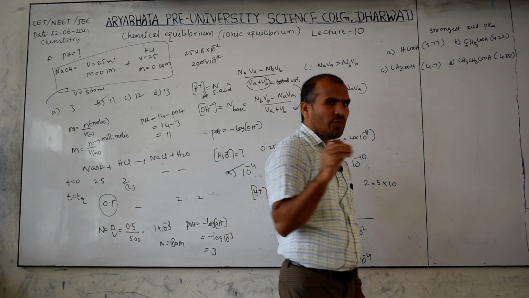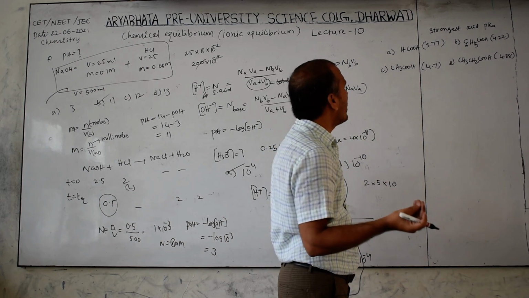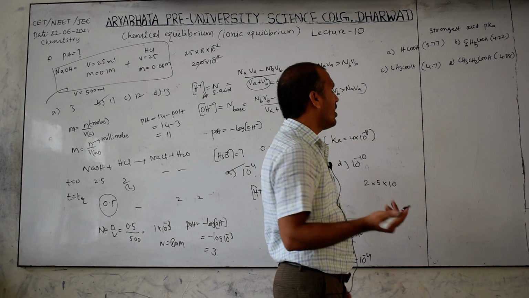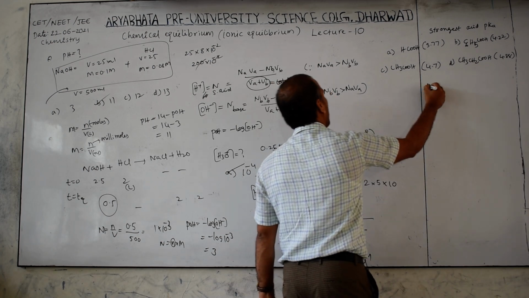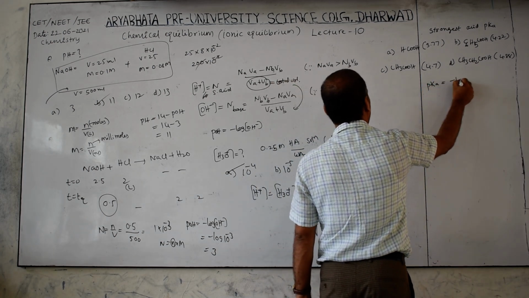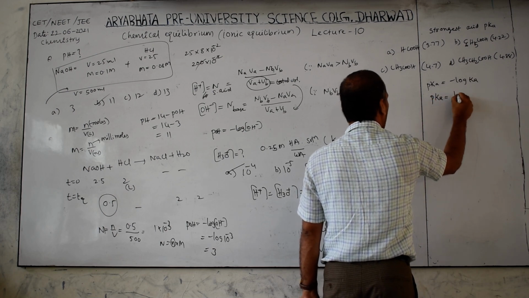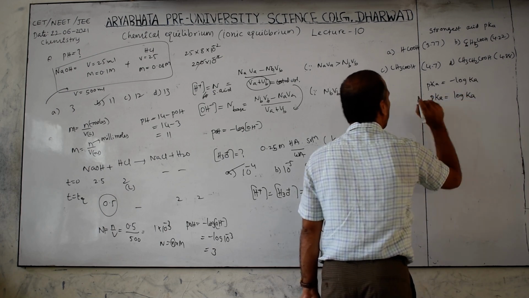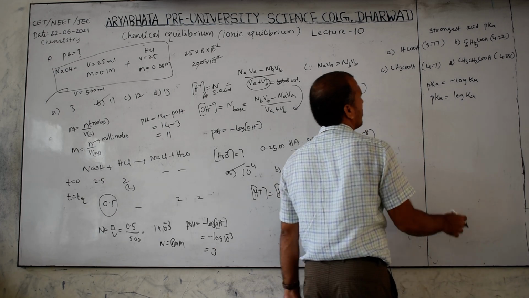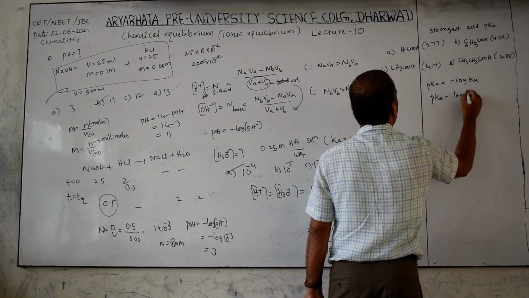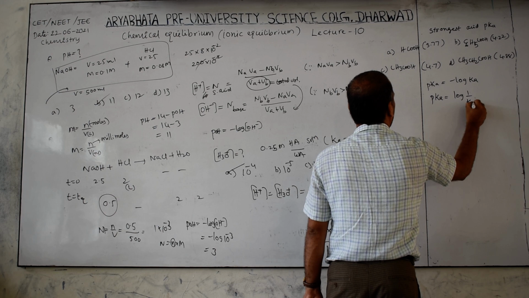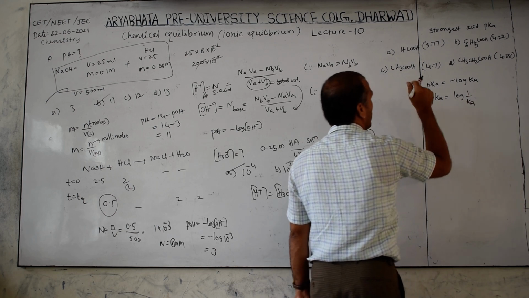Generally formic acid is more acidic than the remaining acids, and we know that pKa is equal to the negative logarithm of Ka. Otherwise you can write it as log of 1 by Ka. So here pKa is given.